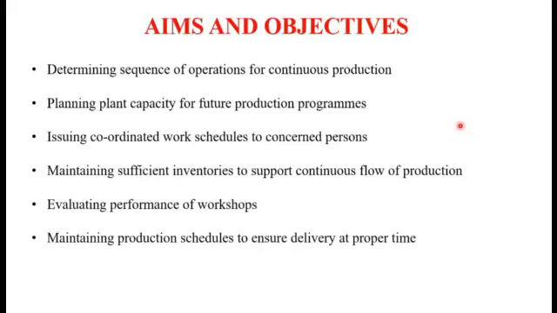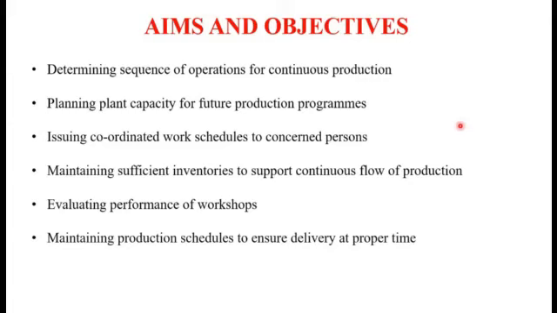Now, aims and objectives of PPC. It determines the sequence of operations for continuous production. In continuous, batch, or mass production industries, PPC can determine the sequence of operations, and it also helps with scheduling.